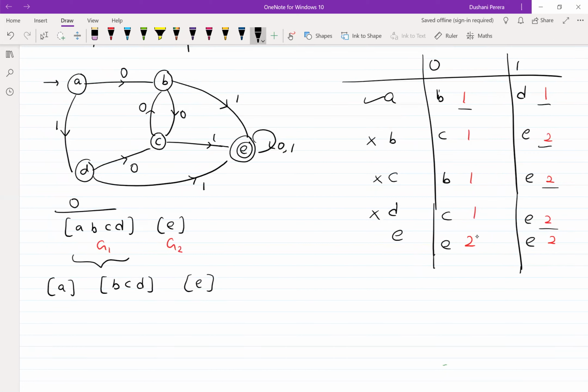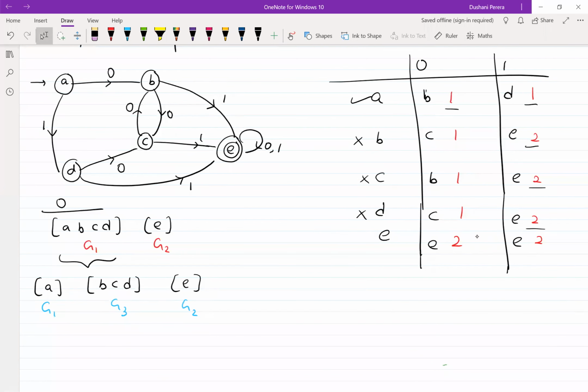So these are the new groups that you will get. Now update the table using the new groups that you got. BCD, BCD group 3, BCB. And this is also 3, E is 2.